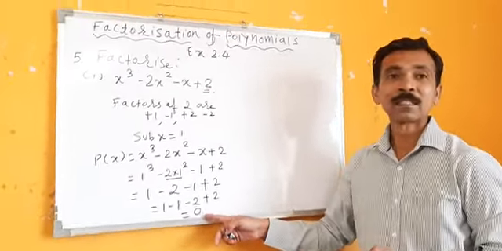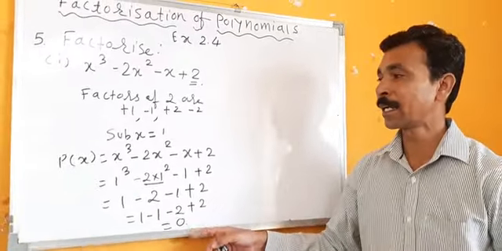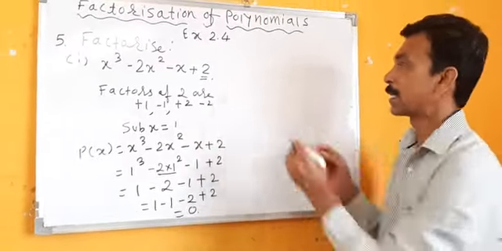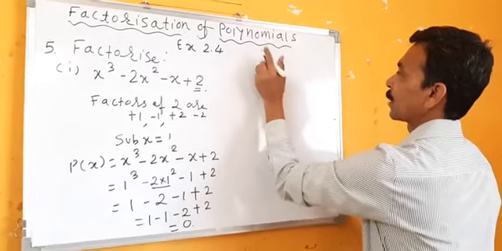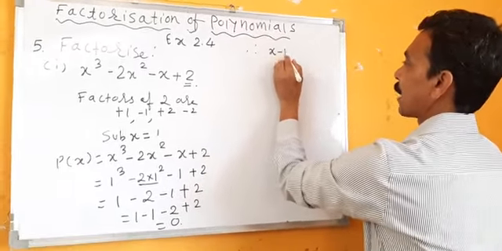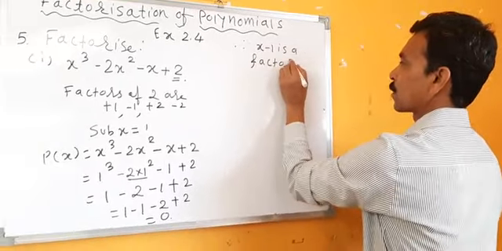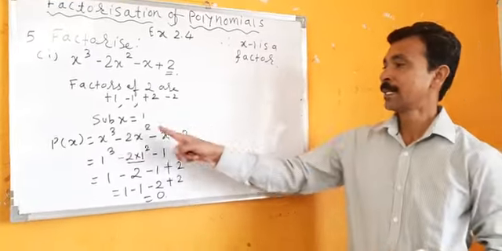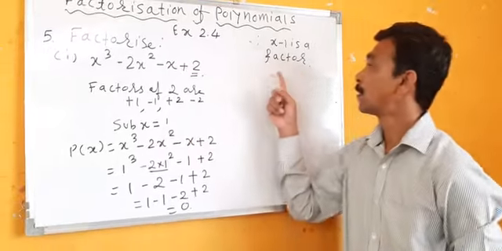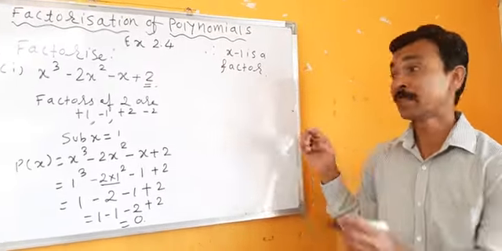If we get the remainder 0 here, it means now we can say, therefore, x minus 1 is a factor. If the value is plus, we have to take it as minus. You know very well how.